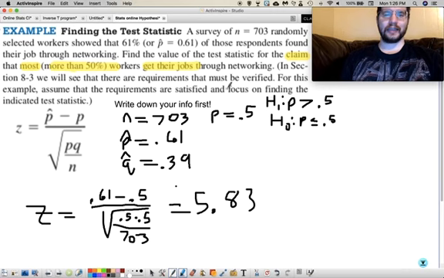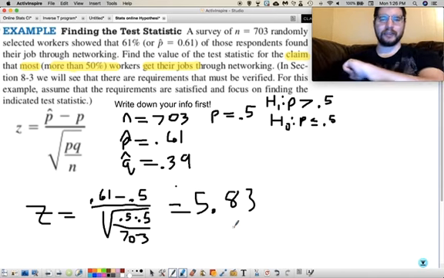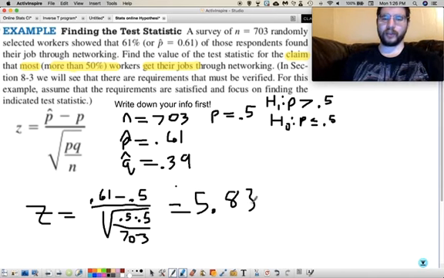So this would say that, yeah, it's most likely that their claim is correct. The test statistic is way out there. And we'll again formalize this all at the end of the video. But for now, we're just going to look at it. And just looking at that 5.83, you should realize it's way out there. That's an unusual value.